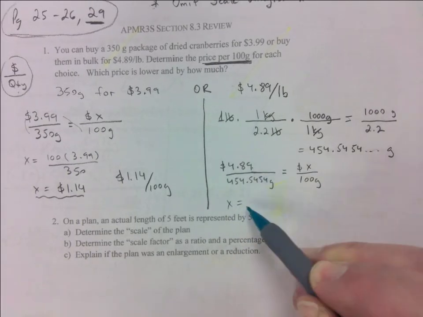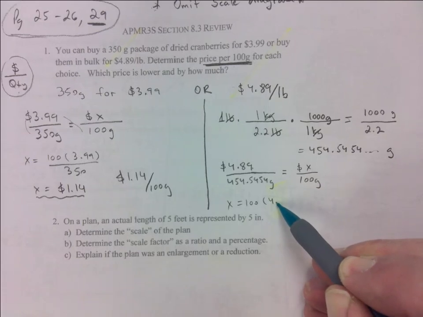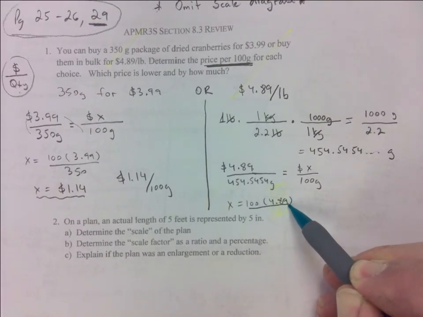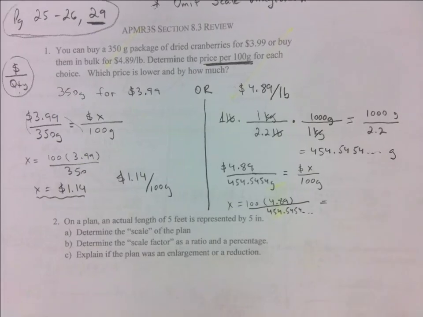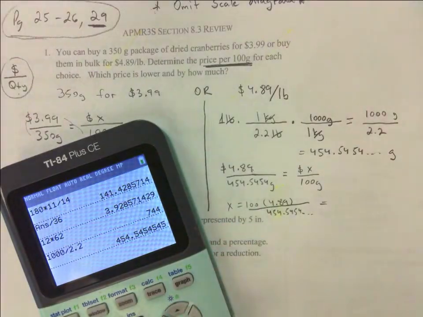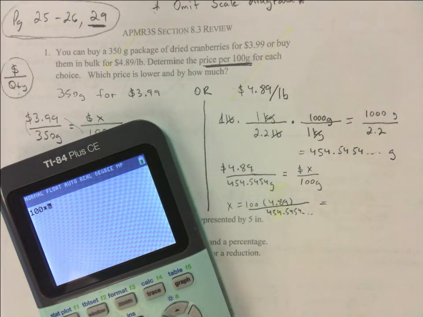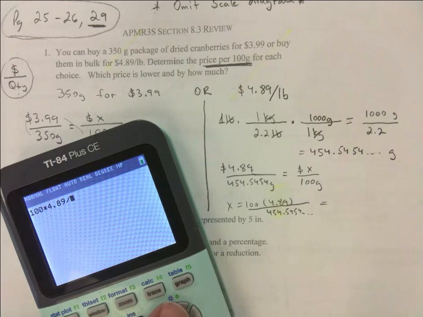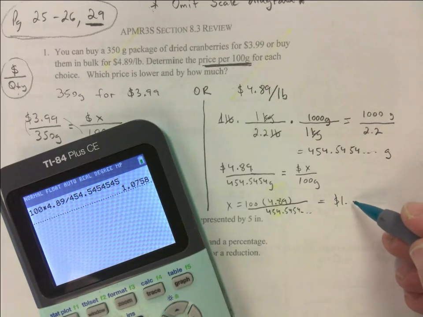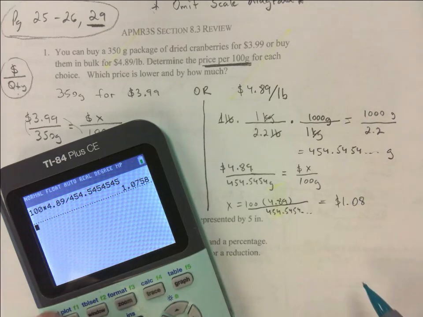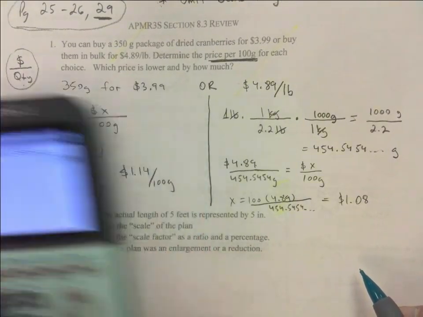So it's 100 times that divided by 454.5454, and that keeps going. Okay, I'm using all decimals as I'm walking to the final answer. So it's essentially $1.08, right? That's my answer that I get there.